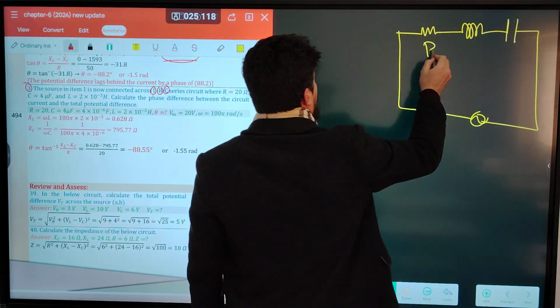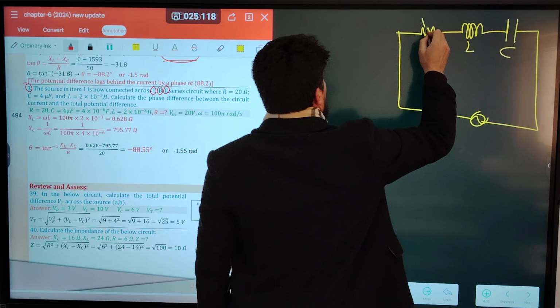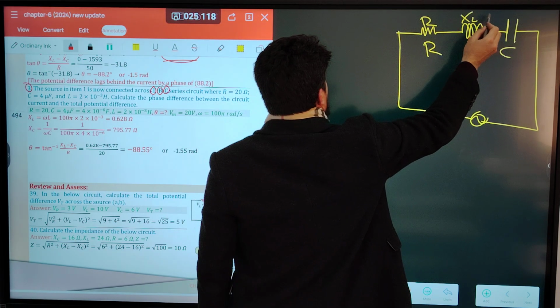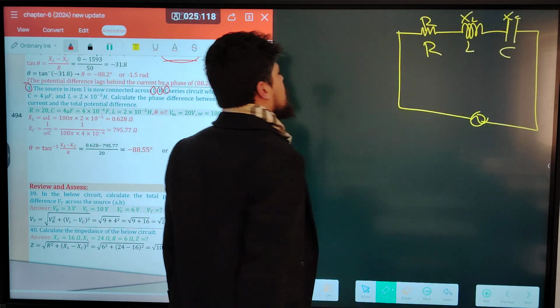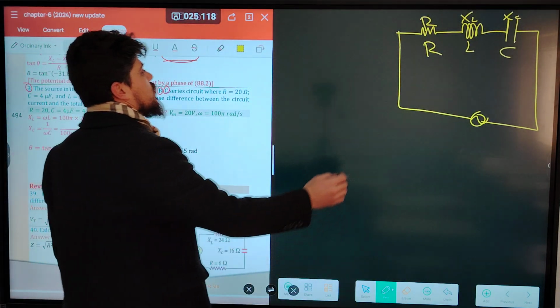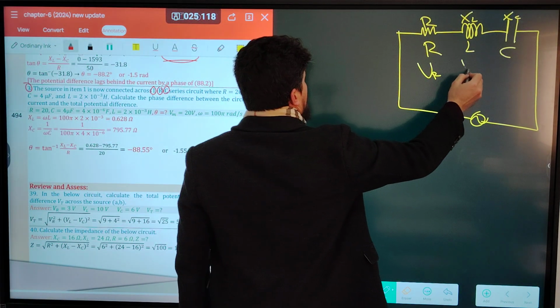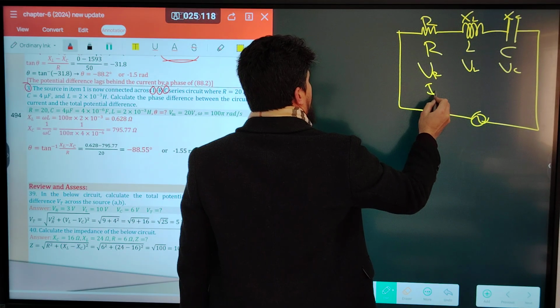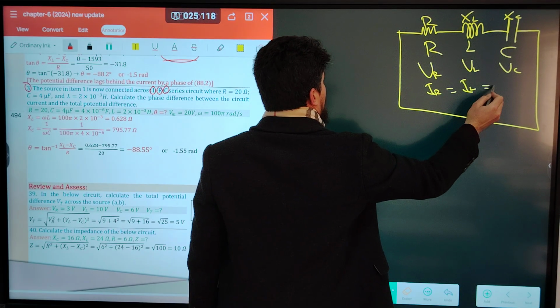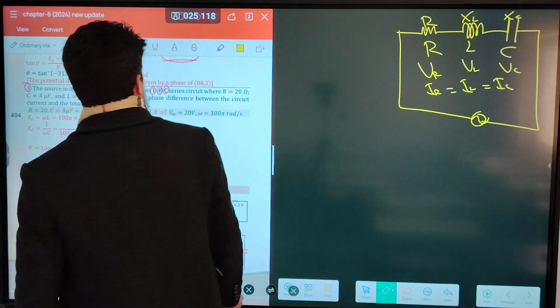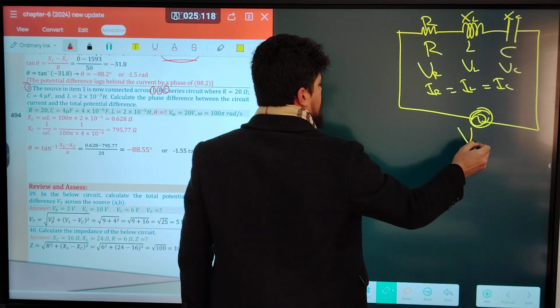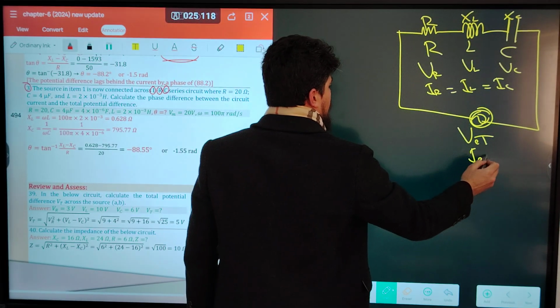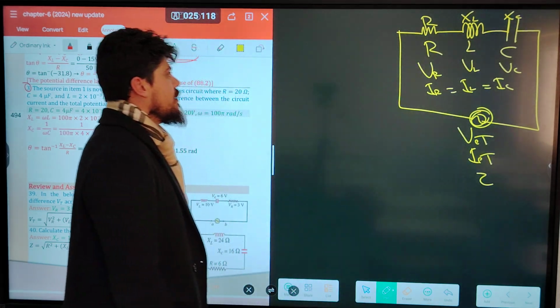We have R, L, C: resistor, inductive impedance, capacitive impedance. And we have V across R, V across inductance, V across capacitance. IR equals IL equals IC, but the potential differences are not equal. And this is the source, V total, I total, and Z.